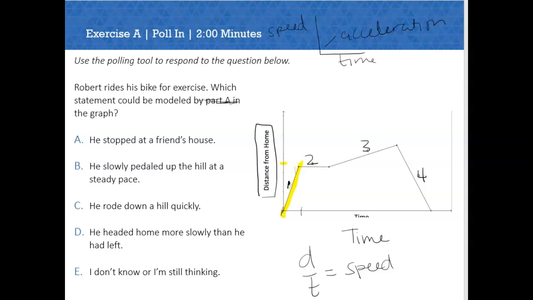Let's talk about 2. This is straight, constant. This means his speed is 0. He's not moving. The distance from home stays the same over a period of time. He's not moving here. This is flat. He's not moving.